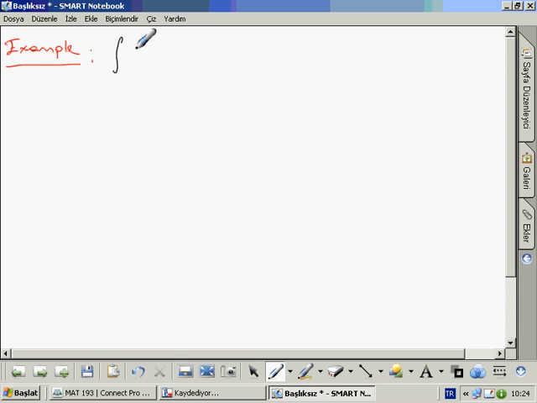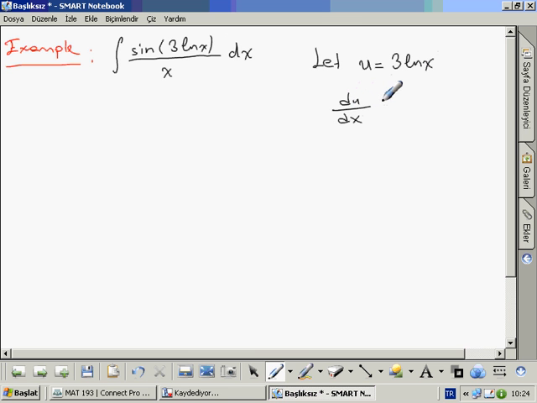Integral of sine of 3 ln x over x dx. Let u equal 3 ln x, so du over dx equals 3 times 1 over x, right, and du equals 3 over x times dx.